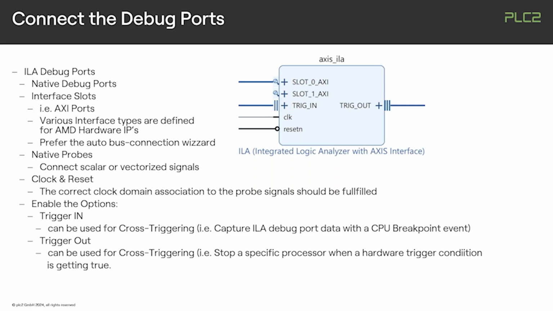And therefore, you will customize your ILA core and enable the trigger in. You can selectively enable this on the input side and or on the output side. But this is also a step which is automated when you use the bus automation wizard, which makes it obviously simpler for us.